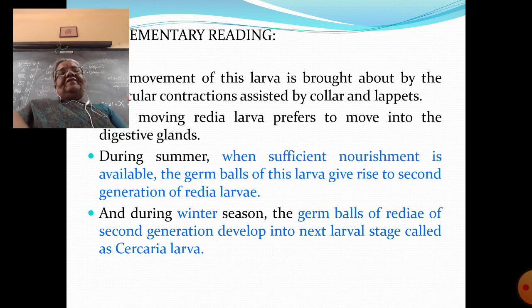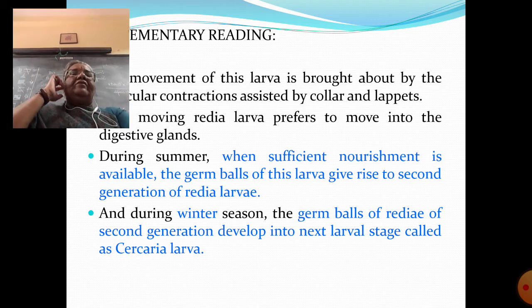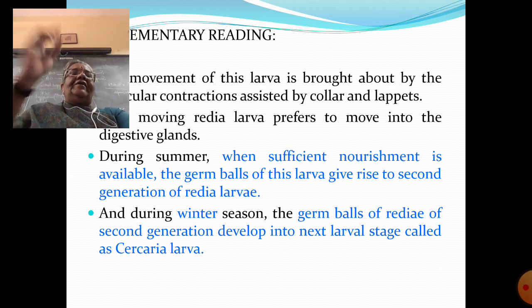During summer, if sufficient nourishment is available, germ balls do not develop into the next larval stage, that is Circaria larva. On the other hand, they develop into second daughter generation of Radial larvae. On the other hand, if the development is happening in winter season, these germ balls of radii of second generation develop into next larval stage, that is Circaria larva.